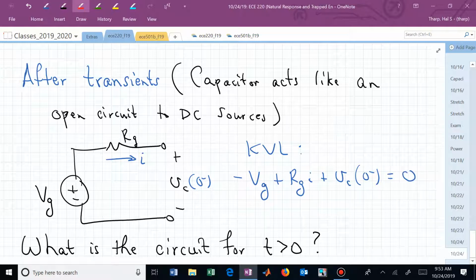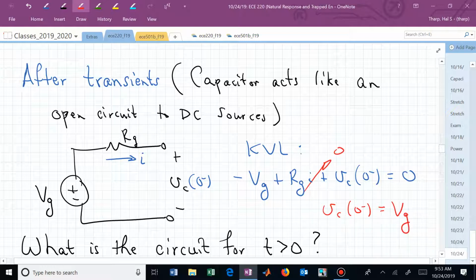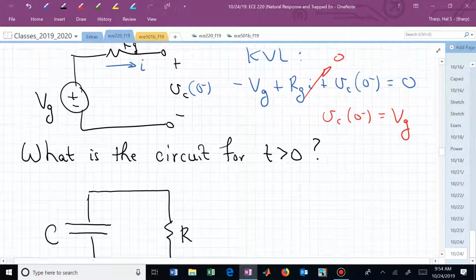The current in that open circuit is nothing, so that capacitor is now charged up to the original DC source that we had it connected to before time t equals 0. The initial voltage on that capacitor is V sub G. V sub C of 0 minus is V sub G. And now we know what V sub C at 0 plus is, because the capacitor voltage is continuous. It's going to be V sub G.